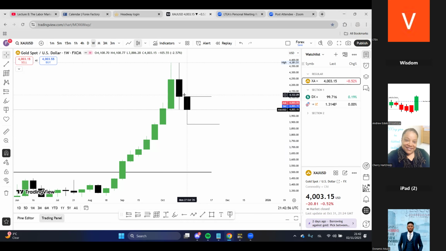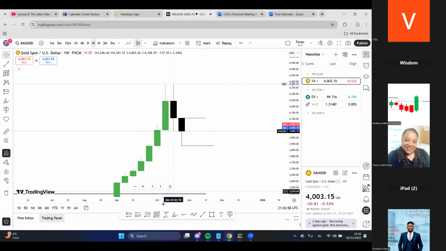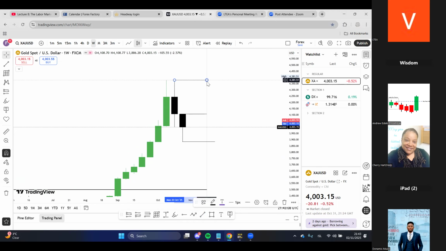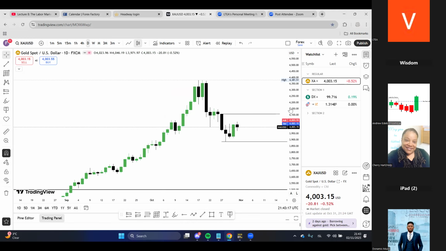Now we have the previous week high and low, and we have the overall liquidity pool high. Remember, these highs and lows also represent major liquidity. We're not talking about the overall high now, just the previous week high and previous week low. It's major liquidity.